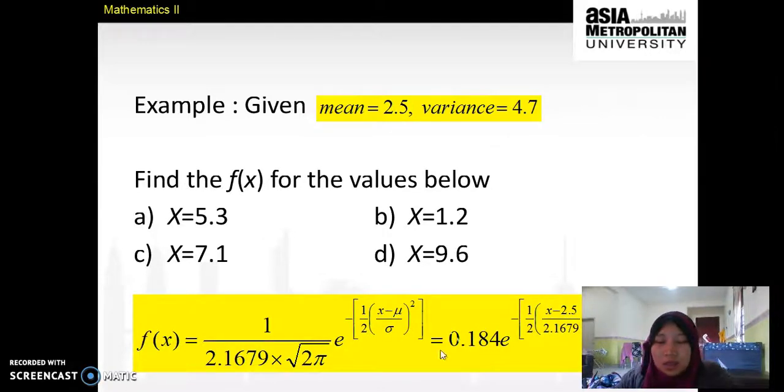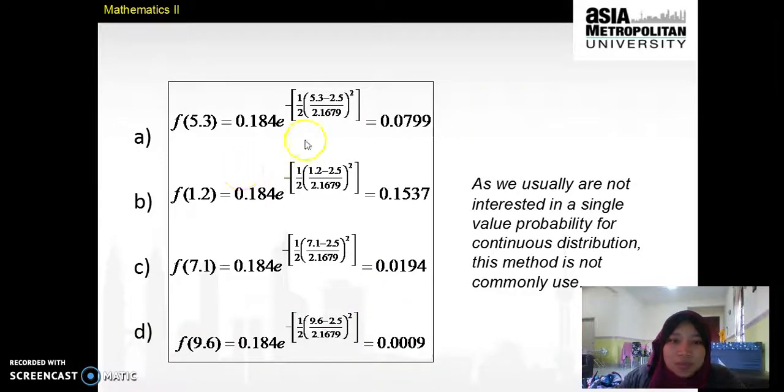But this question is not that common, because this is just finding the f(x). Usually we want to find the probability. So this is just an example of substituting the mean and the variance.